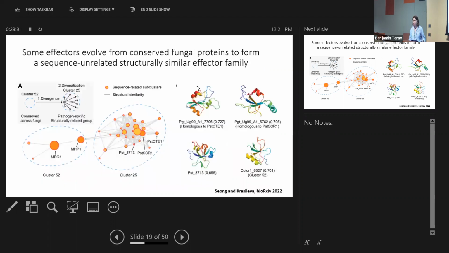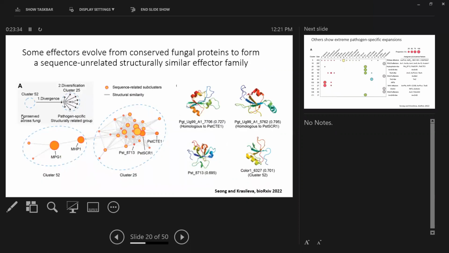So what happens to them? What we were able to tell, and here each dot is a cluster of sequences based on sequence similarity, and the links between these dots are structural similarity. So there's a particular cluster that's shared across pathogens and non-pathogens, and it has links to a cluster that's highly expanded in a particular pathogen.